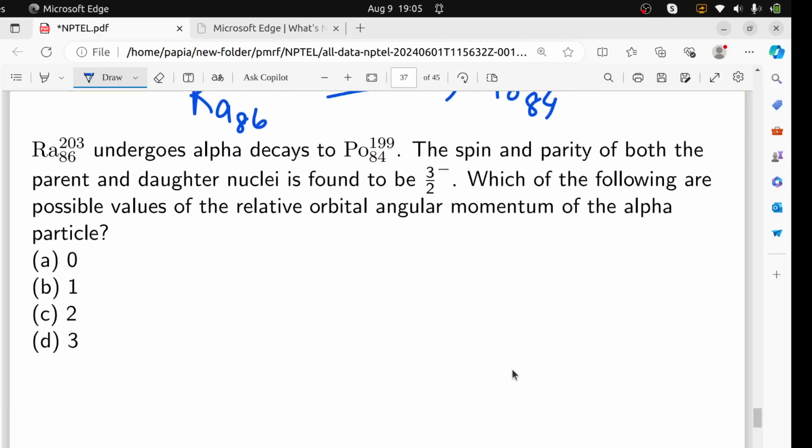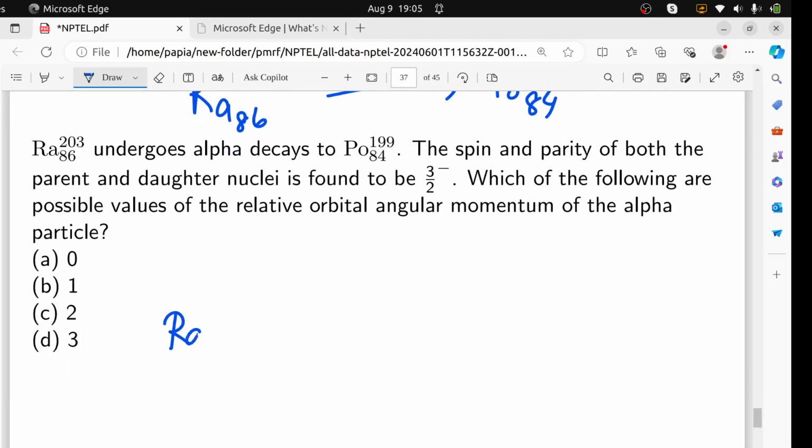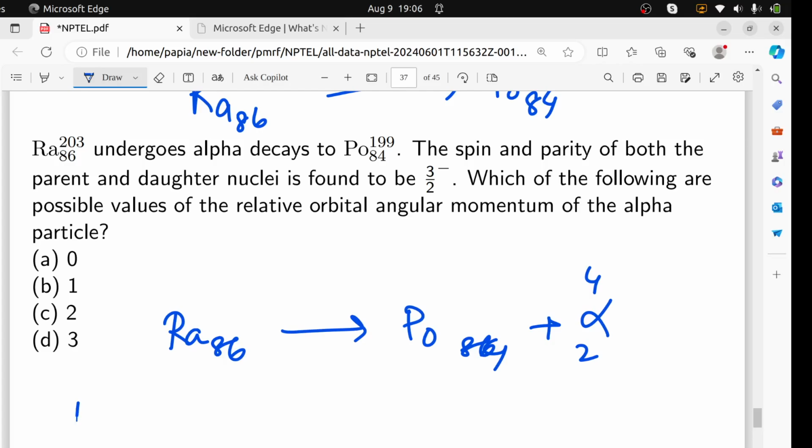Let me write here: radon going to polonium (86, 84) plus alpha (2, 4). The spin-parity is 3/2 minus and 3/2 minus. Which of the following are possible values of the relative orbital angular momentum of the alpha particle?